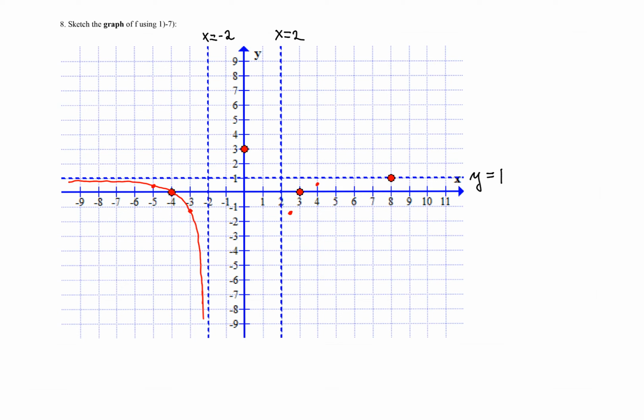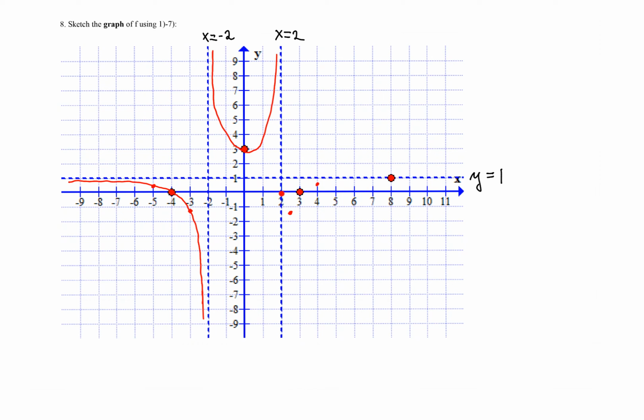So to stay above the x-axis, the graph has to approach the asymptote from above. We're going to the point 3 and we'll have to come back because the graph cannot cross the horizontal asymptote. There are no x-intercepts. It has to stay above the x-axis, so this is the only way that the graph can go.